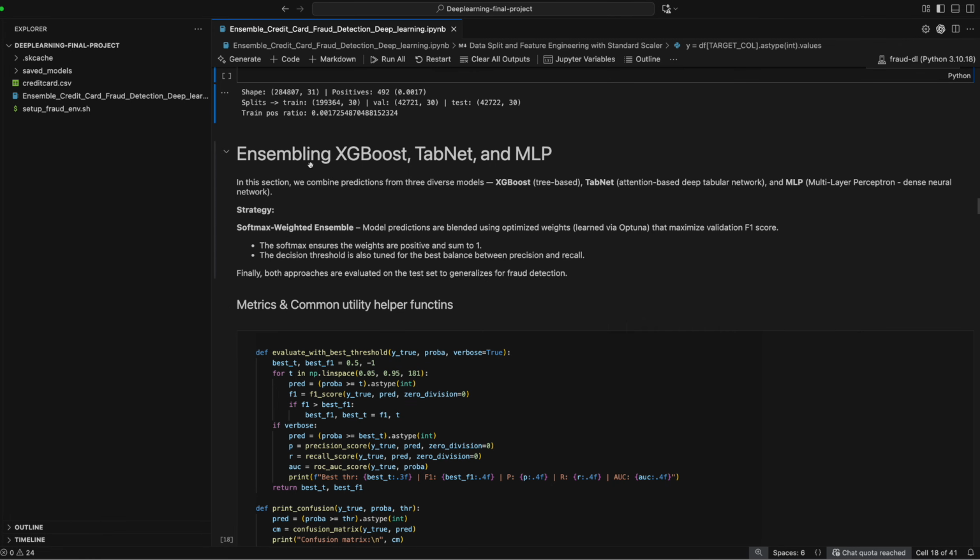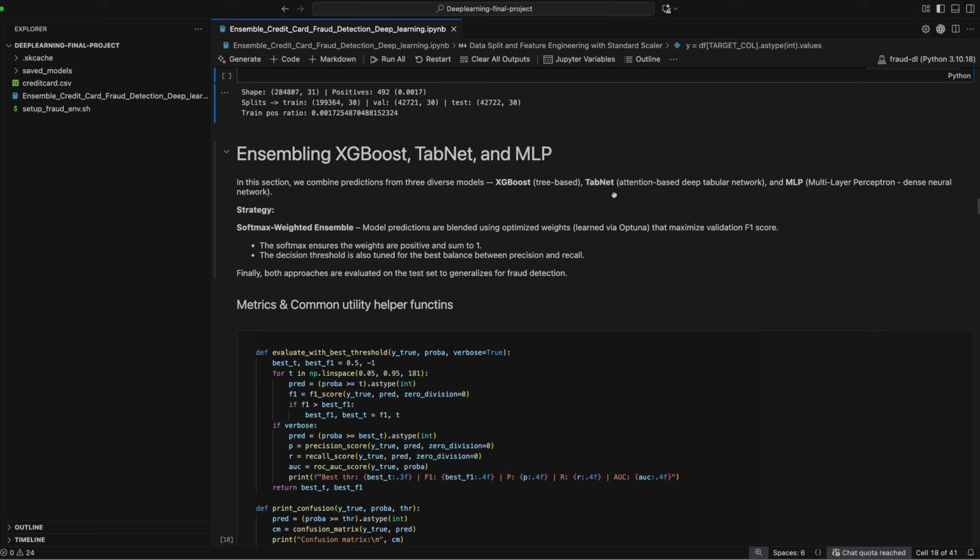Now, why are we using XGBoost, TabNet and multilayer Perceptron? Why are we using these three together? The reason is, in the world of deep learning, tabular data, like data in CSV format or in any relational database, let's say SQL or Postgres, doesn't do well with deep learning inherently.